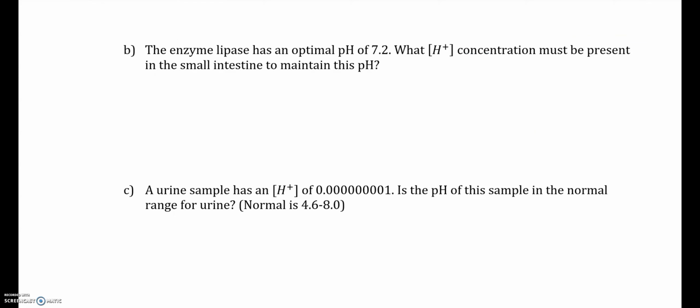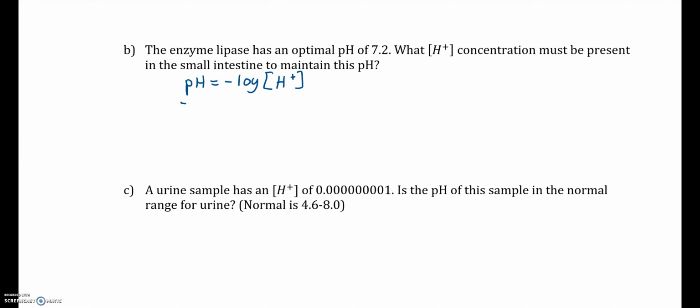Part B says the enzyme lipase has an optimal pH of 7.2. What H plus concentration must be present in the small intestine to maintain this pH? What we are looking for is the H plus concentration, which corresponds to a pH of 7.2.